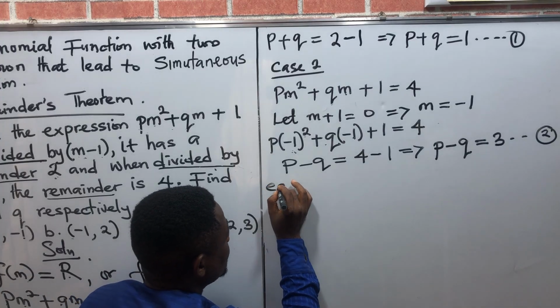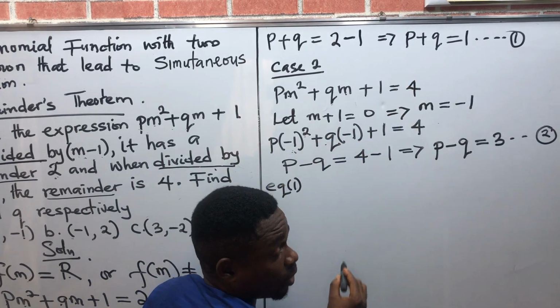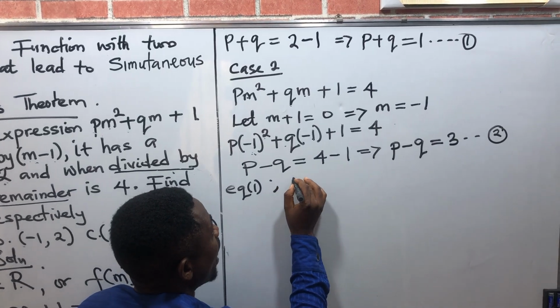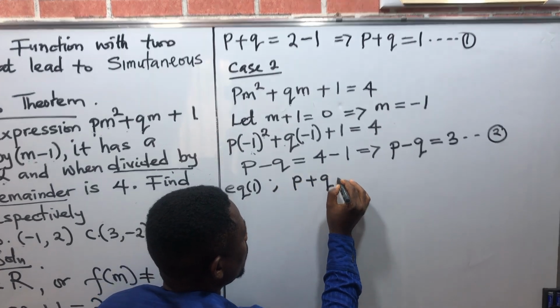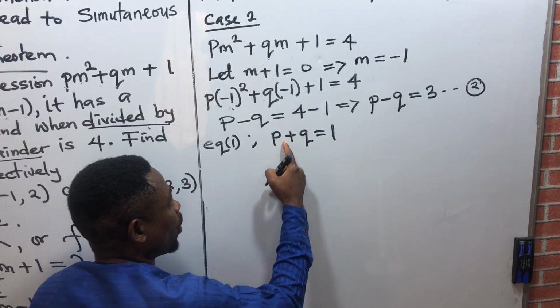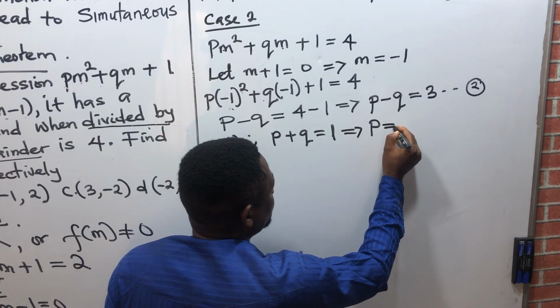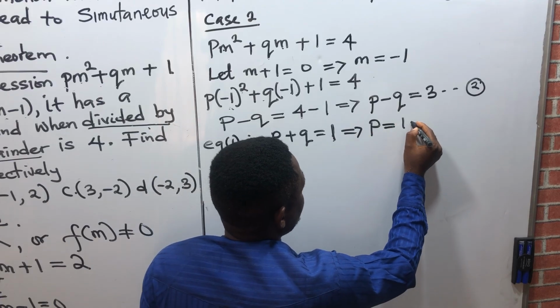Then I will now consider equation 1 and make any of the variables subject of the formula, so that we have P plus Q is equal to 1. So make P the subject, then take plus Q to the right, so that the value of P will now be equal to 1 minus Q.